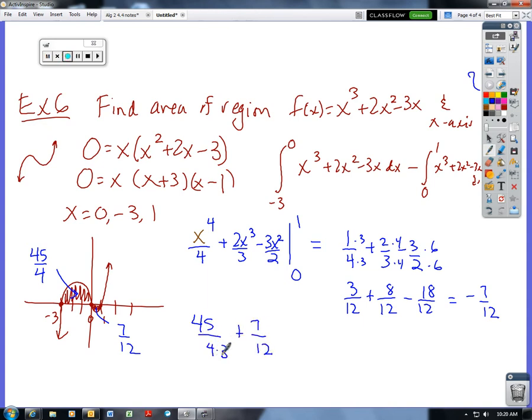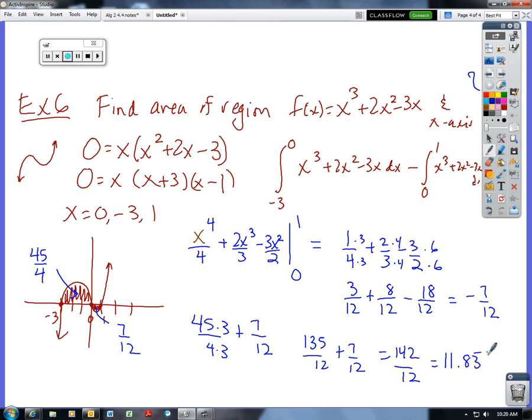That means I have to get a common denominator here. 45 times 3. 135/12 plus 7/12 is 142/12. And I'm going to divide that. 11.83 repeating.